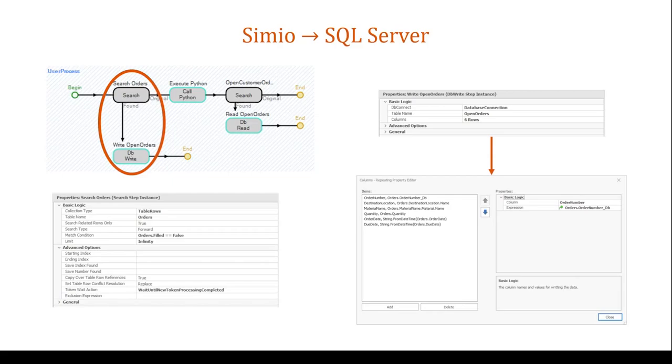The value placed in the column property refers to the column in the SQL Server database table, while the expression refers to the piece of data from Simio that will be placed into SQL Server. One thing you may notice is that some care is necessary in order to write the correct object names or date-time values to the database table.